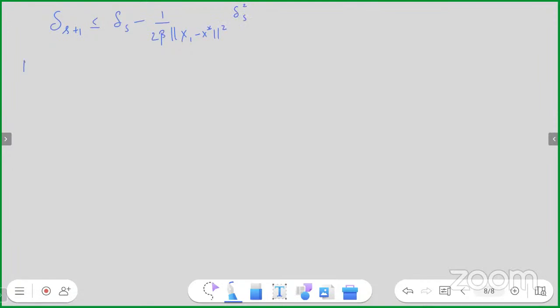So let's call some constant w equal to 1 by 2 beta x1 minus x star. So what do I have? I have w times del s square plus del s plus 1 is less than or equal to del s.